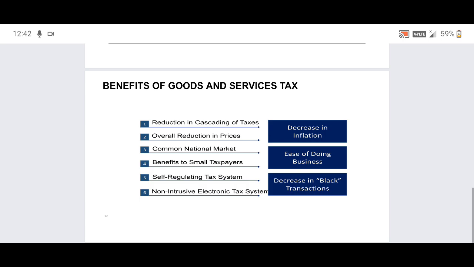The next important benefit is reduction in prices. So, friends, a few minutes back we discussed some very important features of GST, and one of the features was that ITC is available to the taxpayers on all the purchases.